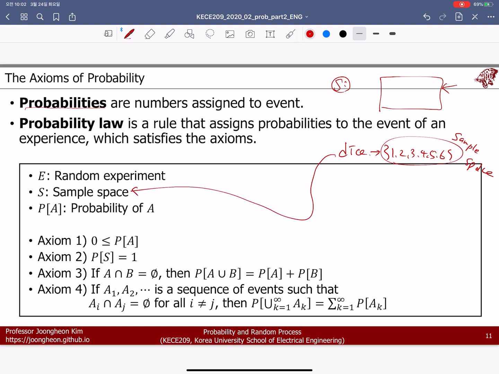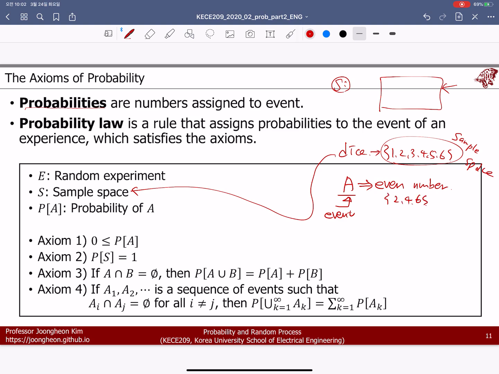But within this given sample space, we can define an event. Suppose that our desired event is even numbers. That is called event A. In event A, we define that this is an even number, so it is 2, 4, and 6.